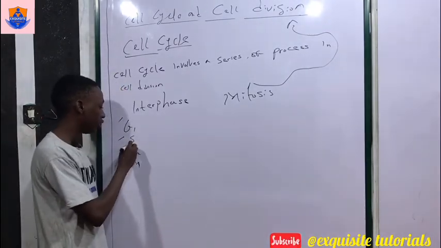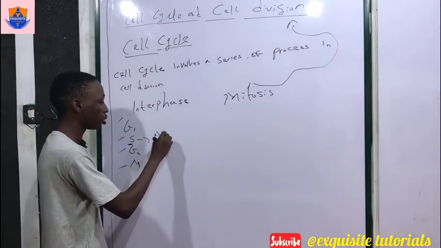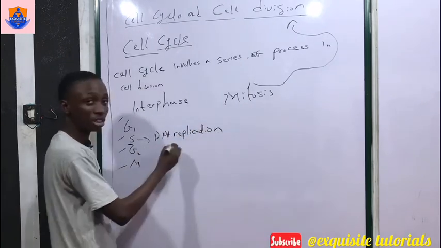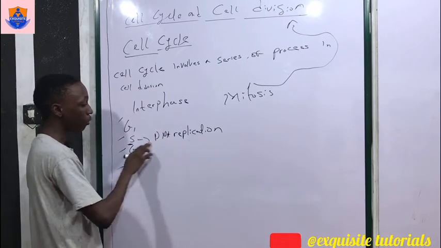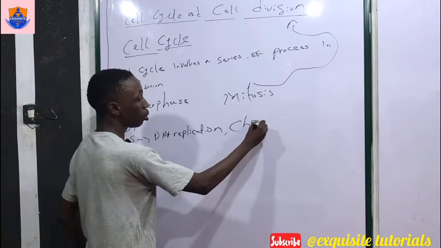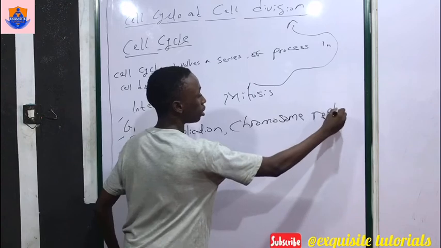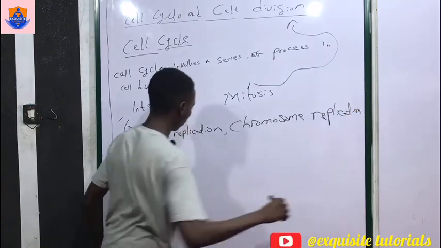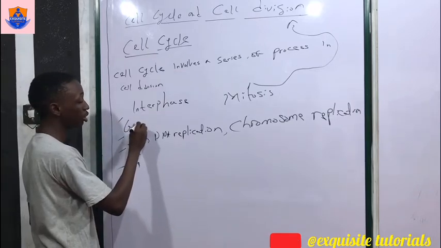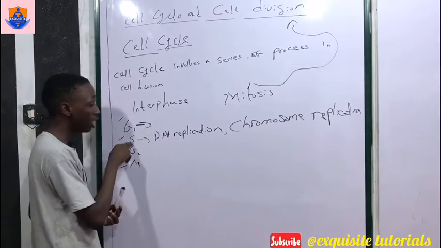Now, the S stage is the actual stage for DNA replication, and we can also say the chromosome replication here too. So I said the G1 stage is where there is preparation for what? For replication. The S stage is for what?